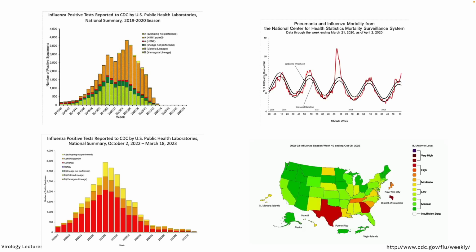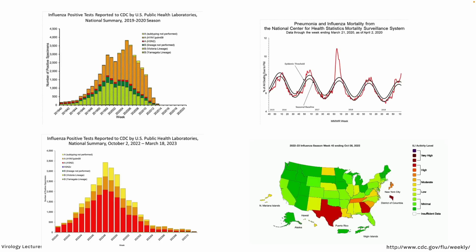The brown is the H1N1, the 2009 pandemic strain. And on the bottom, the predominant strain is H3N2. So it depends on the year. They kind of seesaw back and forth. But again, you can see the peak is more or less in February-ish.